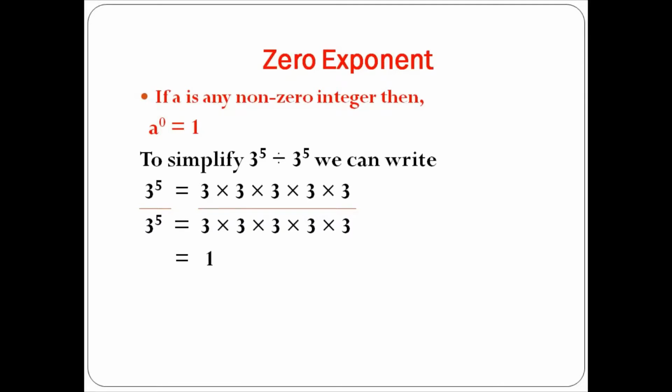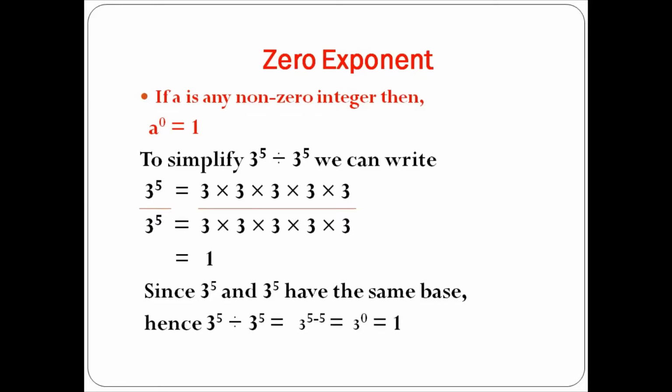Now we can write it like this: 3 raised to power of 5 and 3 raised to power of 5 have the same base. So the second law of exponents says that if the base is the same, then you can subtract the exponents. So 3 raised to power of 5 divided by 3 raised to power of 5 can be written as 3 raised to power of 5 minus 5.